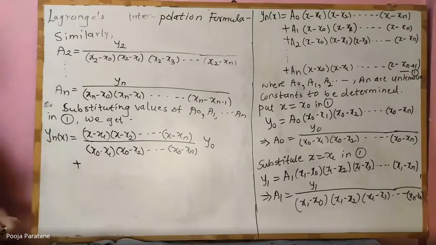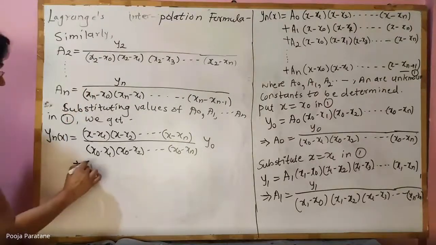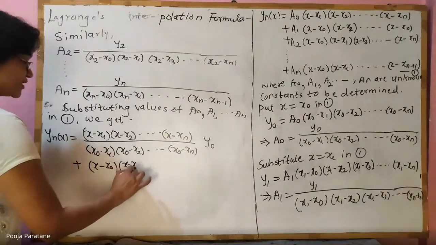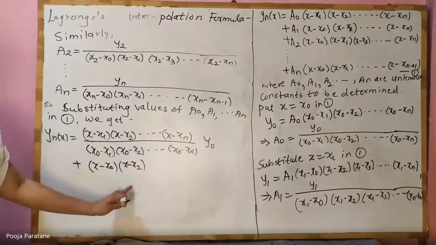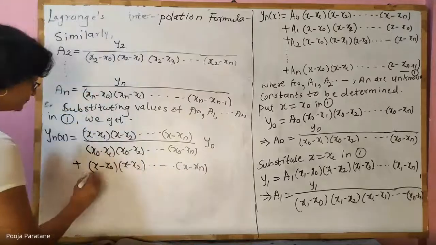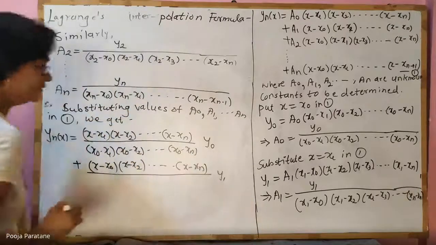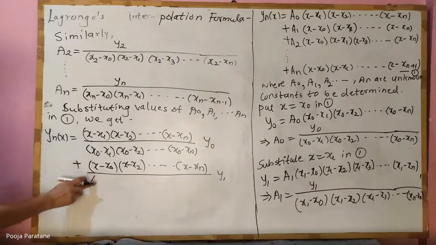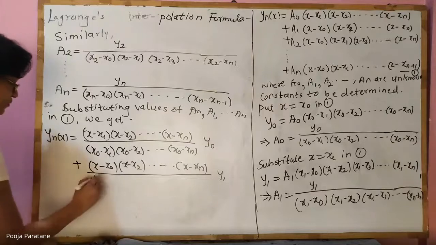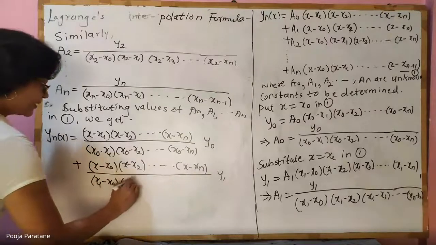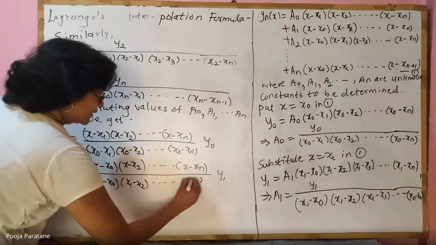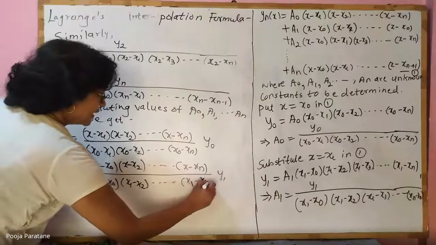Next term, substituting the value of a1, same way I will rearrange the term: x minus x0, x minus x2 because this is the term of y1, so x minus x1 will not be there, up to x minus xn, and here there is y1, and here replace this x by x1 in each bracket, that will be your denominator. So here it is x1 minus x0, x1 minus x2, up to x1 minus xn.